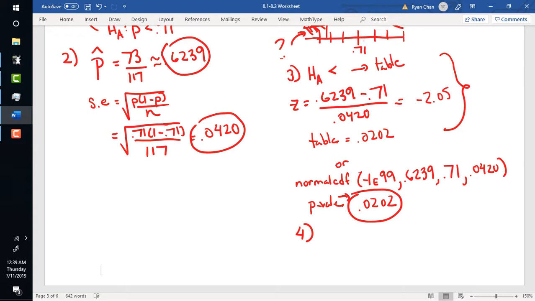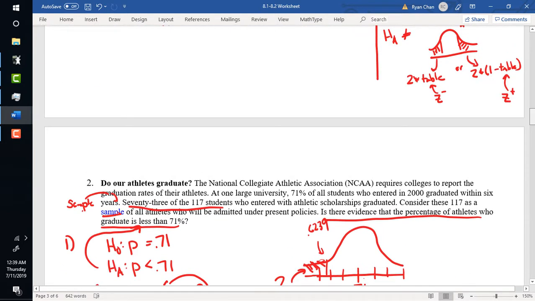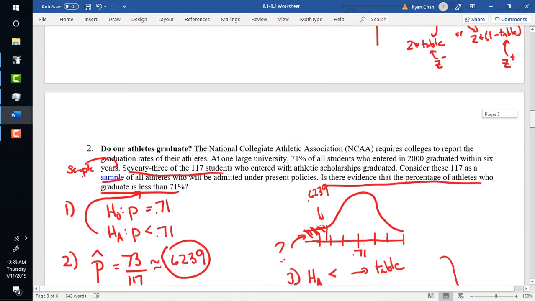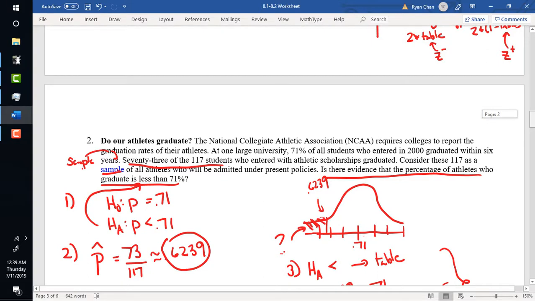My significance level is going to be 0.05. My p-value, 0.0202, is less than 0.05. So what am I saying? There is a 2.02% chance that essentially 71% of all students graduate within 6 years.